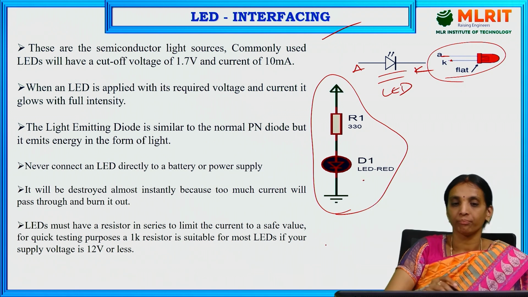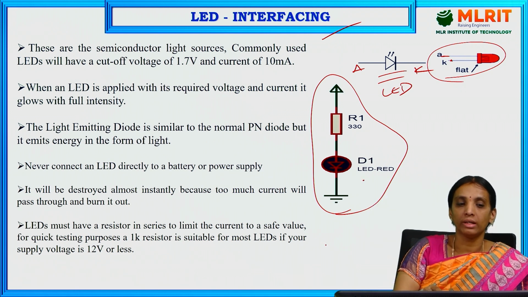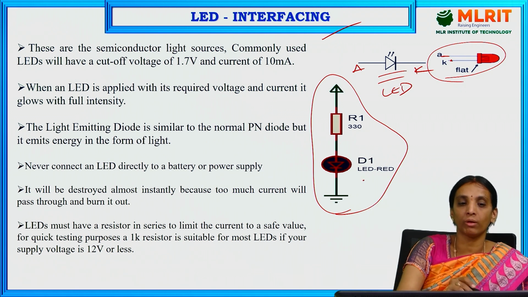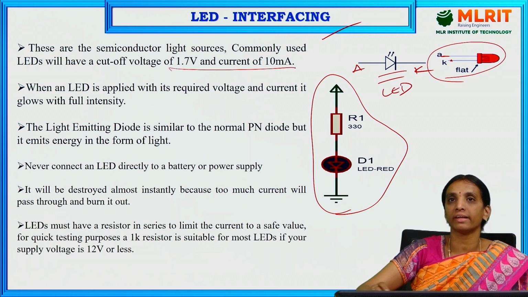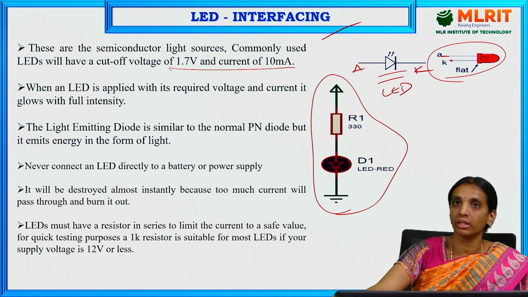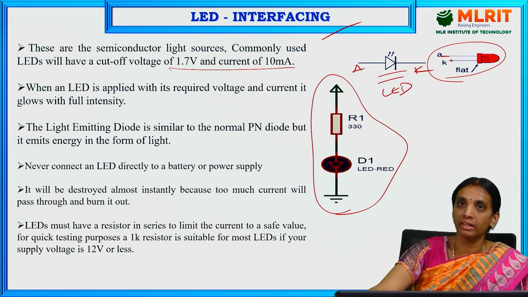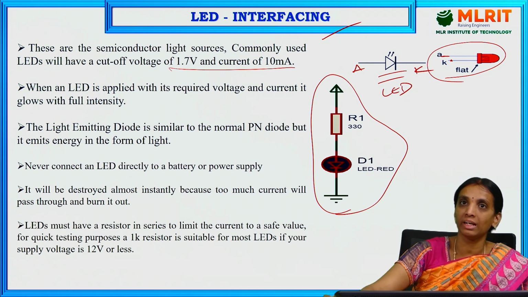The LED will have a cutoff voltage of 1.7 volts, with a current of 10 milliamperes. We know that LED is nothing but light emitting diode. Whenever we connect the forward bias to the LED, it will emit light, which is known as light emitting diode.